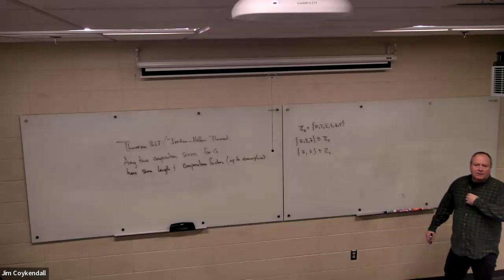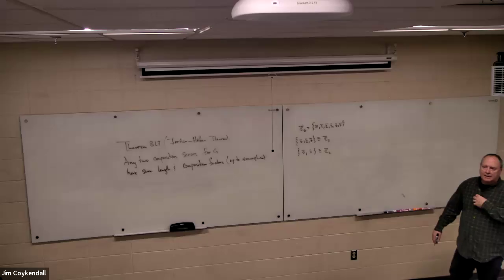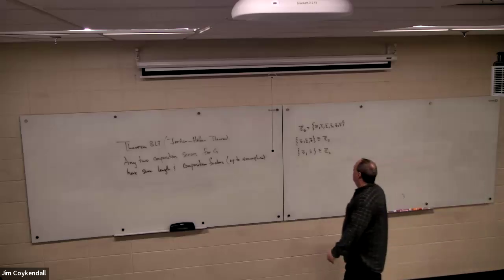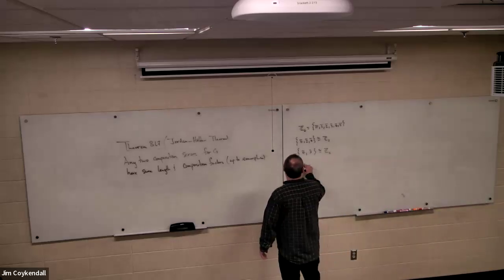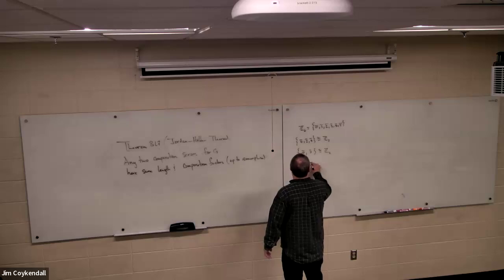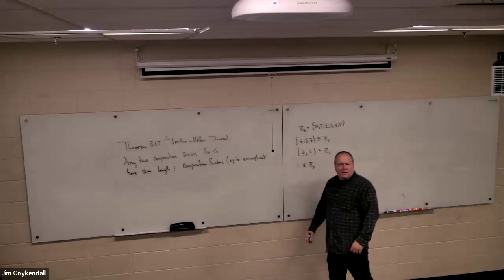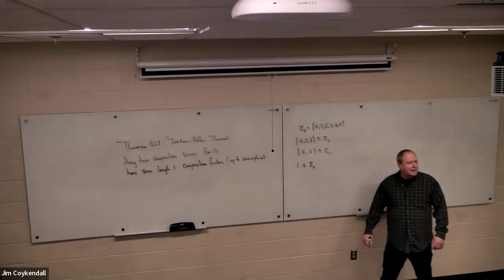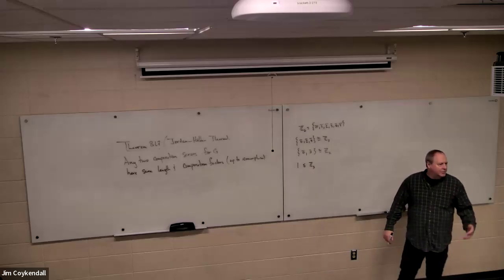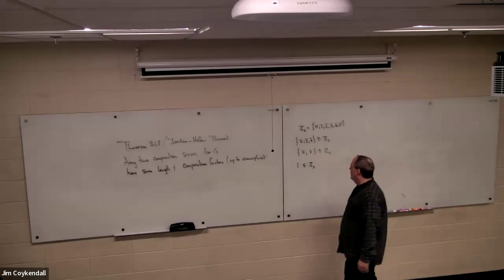Composition series, how can I get that? Well, by the way, I don't have to worry about normality here, do I? Because Z6 is abelian, so every subgroup's normal. So that's not even something on my radar.